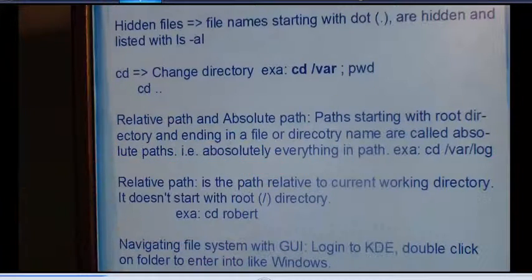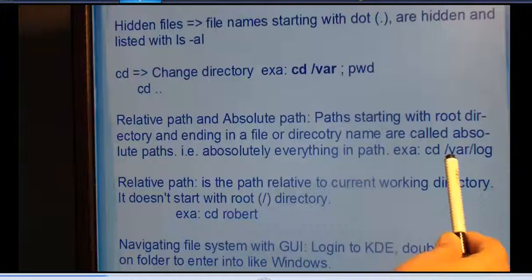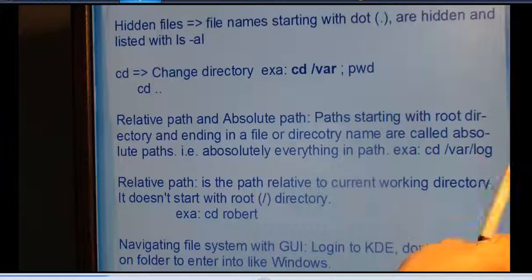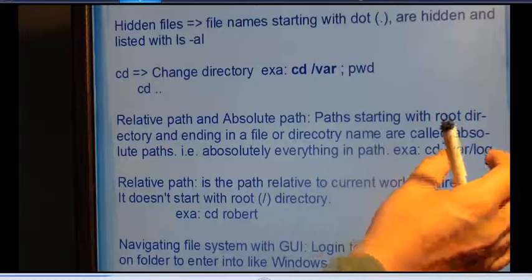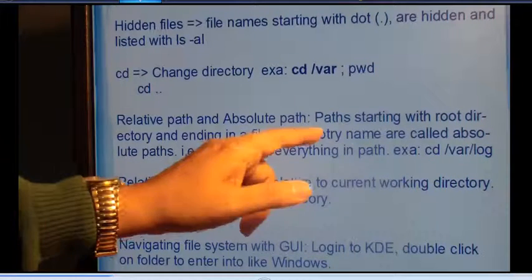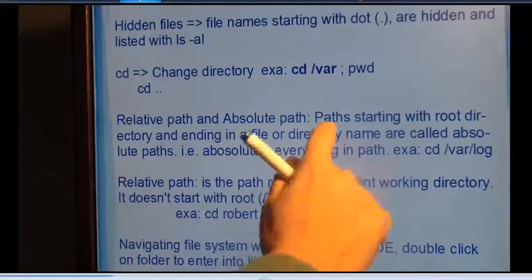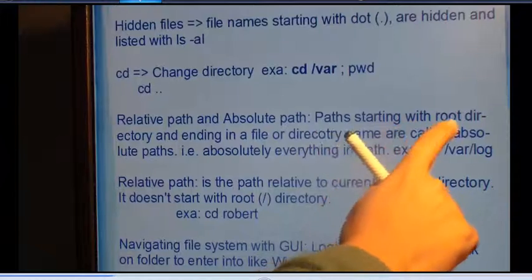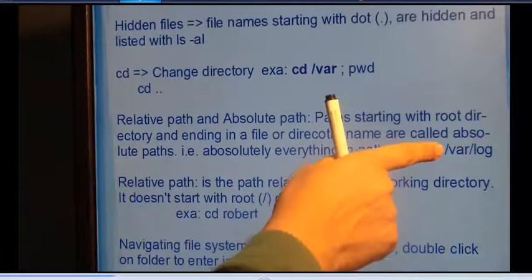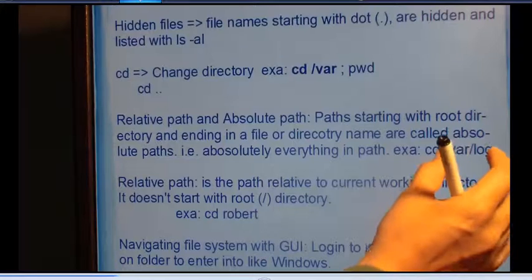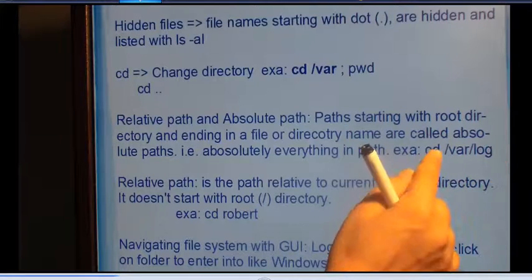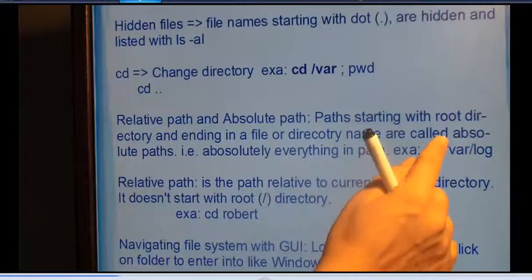For example, /var/log is one complete directory. Paths start with a root directory. Slash means root, right? And this complete directory's name starts with slash, meaning it starts with the root.